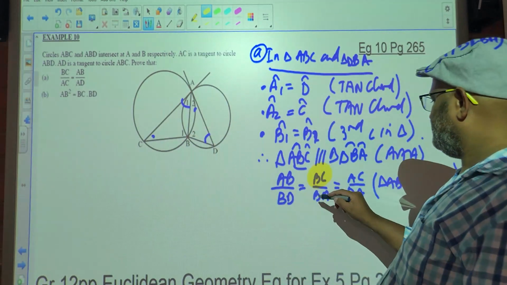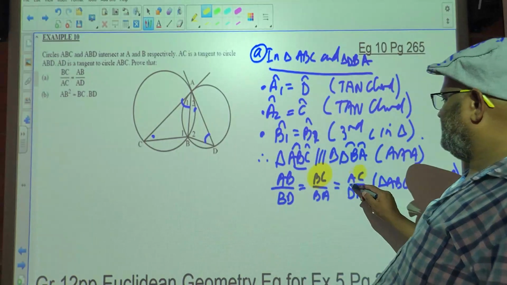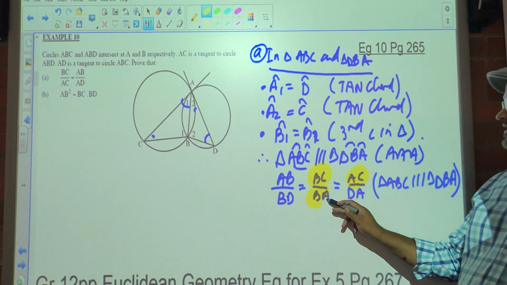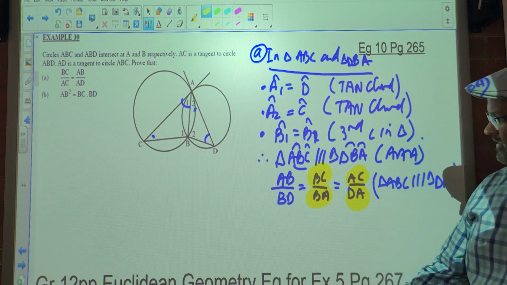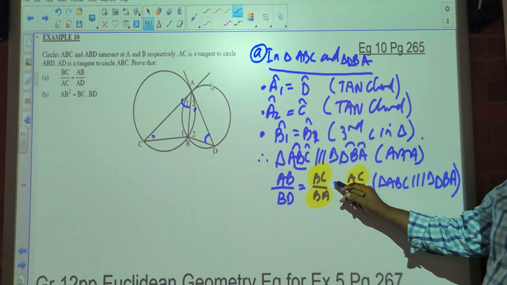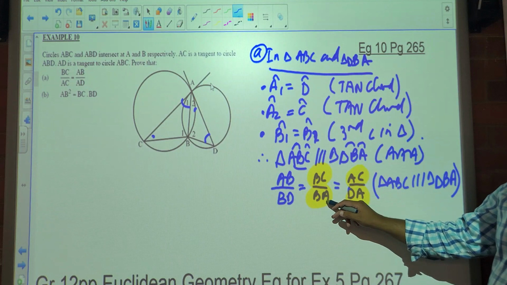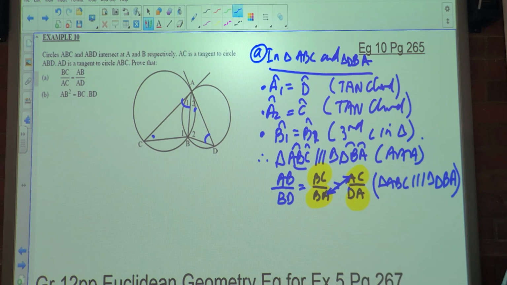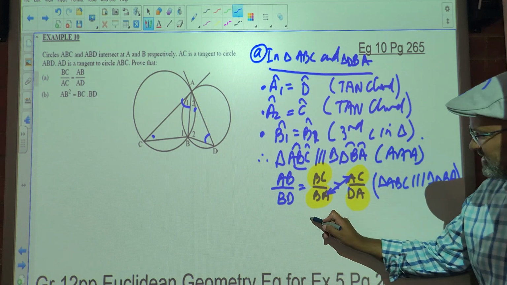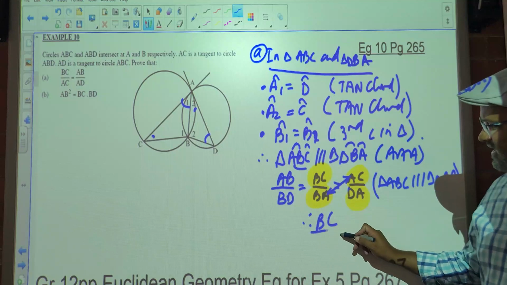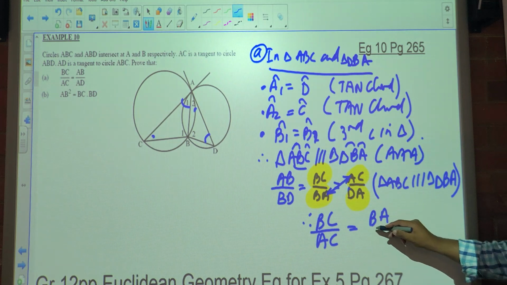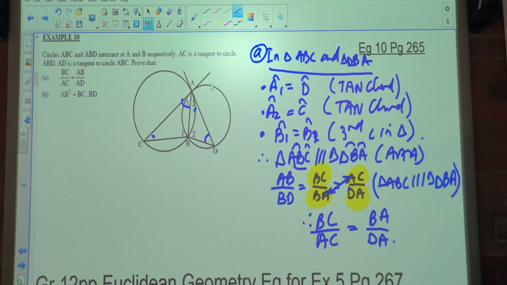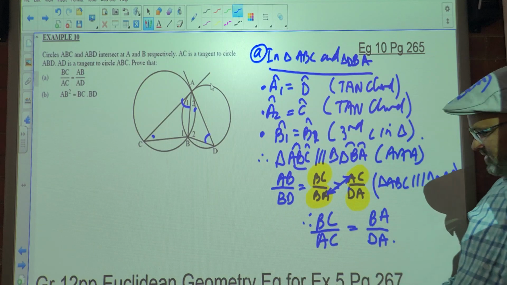BC, AC, AB, DA. Not so? So, BC in its right place, and AC has to be interchanged. Not so? So what do I say therefore? BC over AC is equal to BA over DA. You guys understand? Yes. See any confusion here?